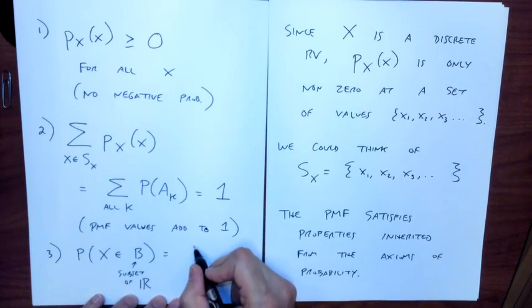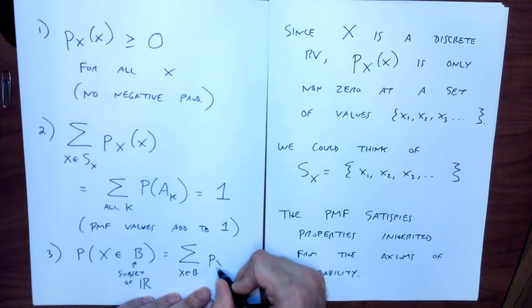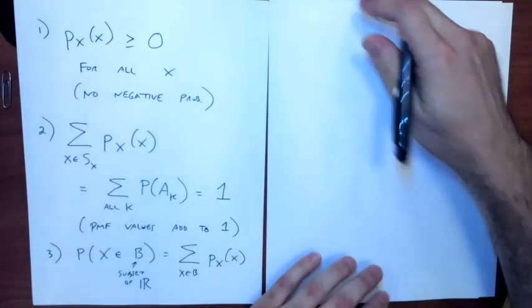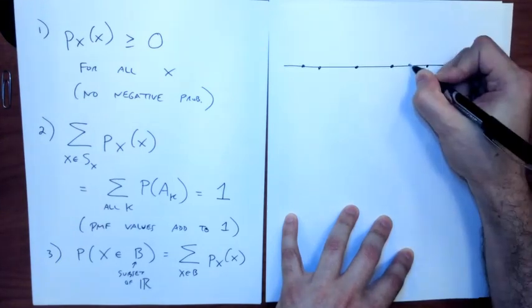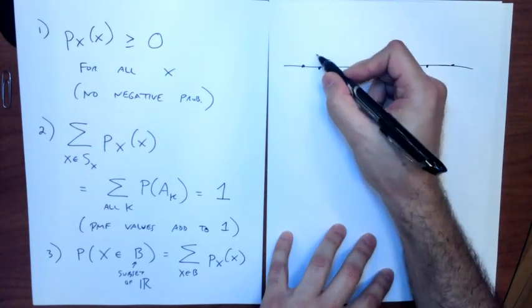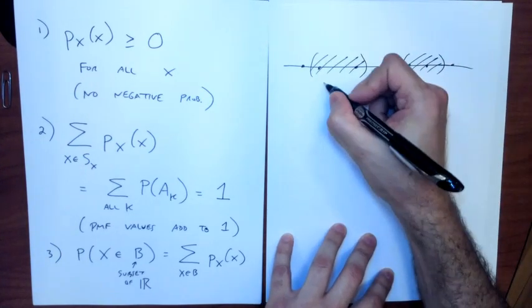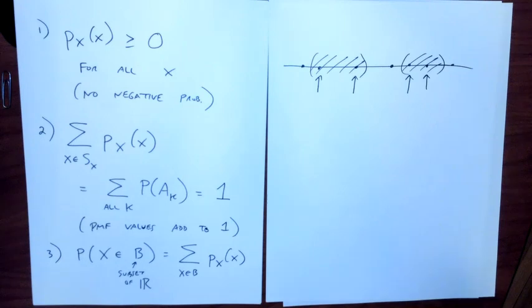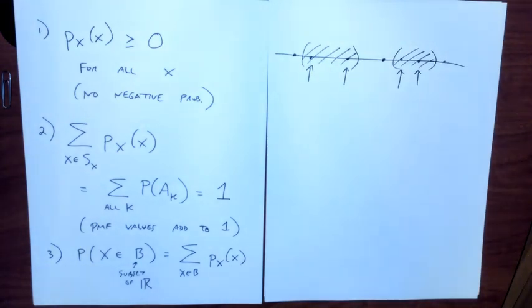This is basically the same as I look in that region and I add up all the places where the outcomes are in that set. So if I have my set of possible outcomes on the real line, and I want to know the probability of this subset, all I have to do is add up the 4 probabilities that lie inside that shaded area. Which I think almost stands to reason.